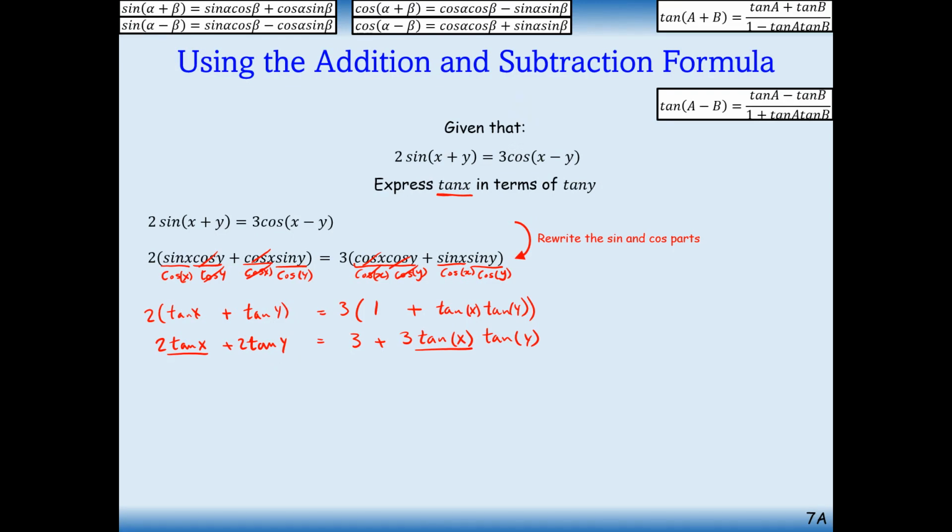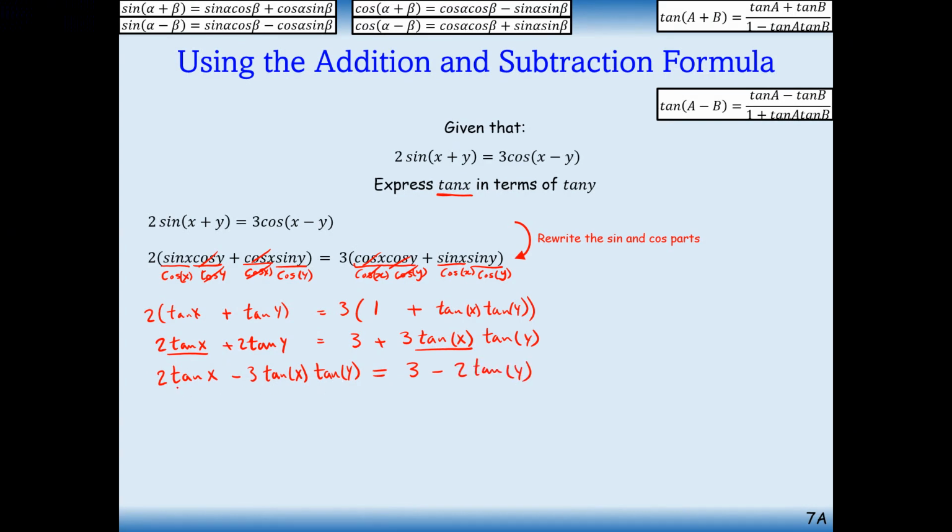So let's get those two on one side of the equation. I'm going to leave tan of x here and subtract 3 tan x. And unfortunately that tan y comes along with it because it's a product. And on the right hand side we'll have 3 take away 2 tan of y here.